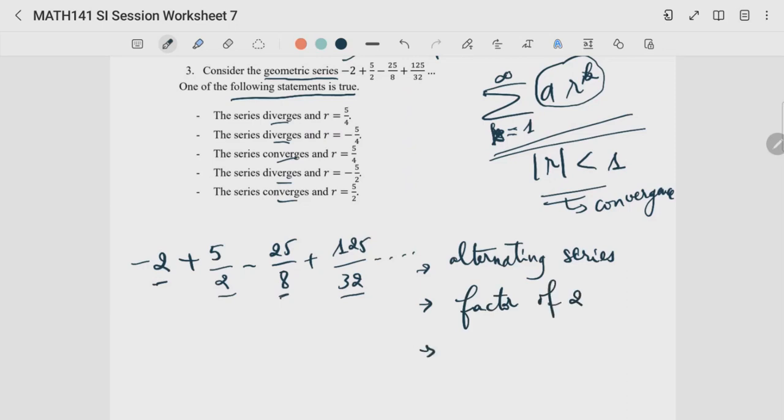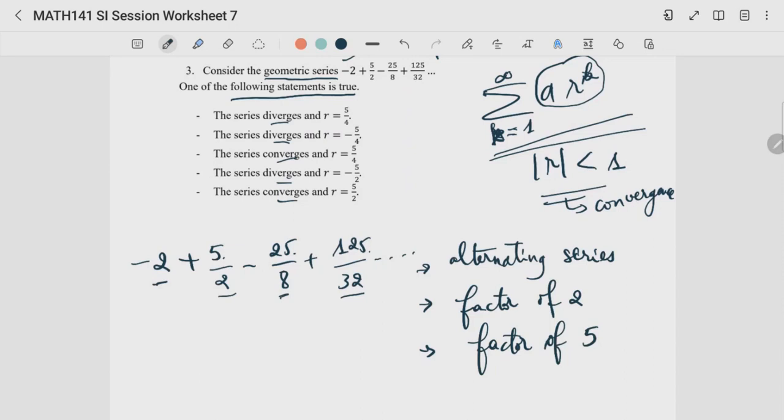Third observation: in the numerator, the first term doesn't have a term in 5, but the second term has a term in 5. The third term has a multiple of 5, which is 25. The fourth term as well, 125. So the general form of this series has a factor of 5, right? And you might ask, how can you conclude that when there's no factor of 5 in the first term?